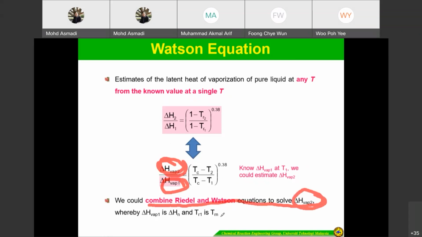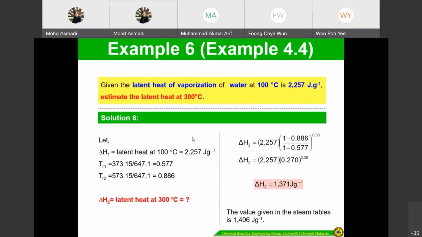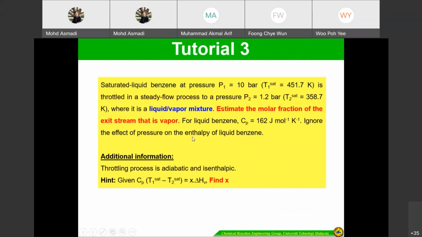So a combination of Watson and Riedel lets you determine the final enthalpy at the final condition. Any questions about the approximation method before we stop?